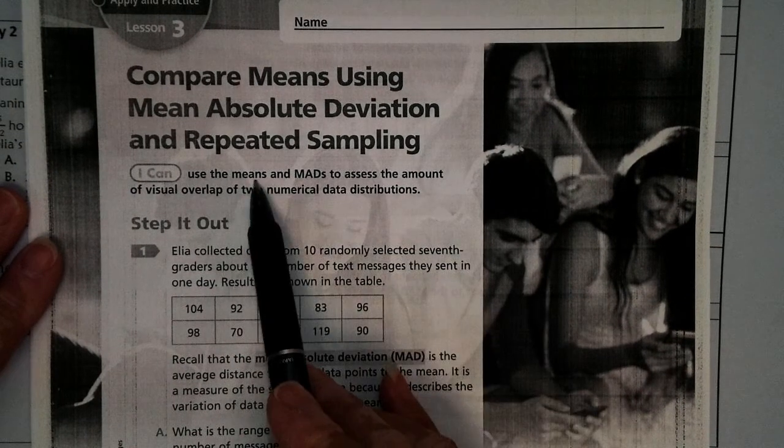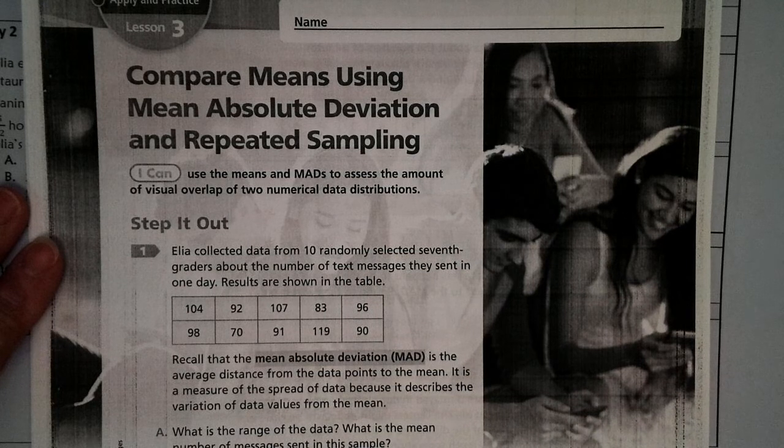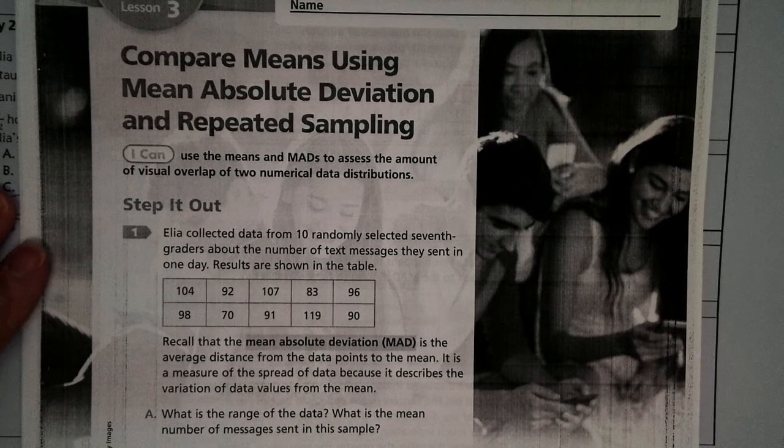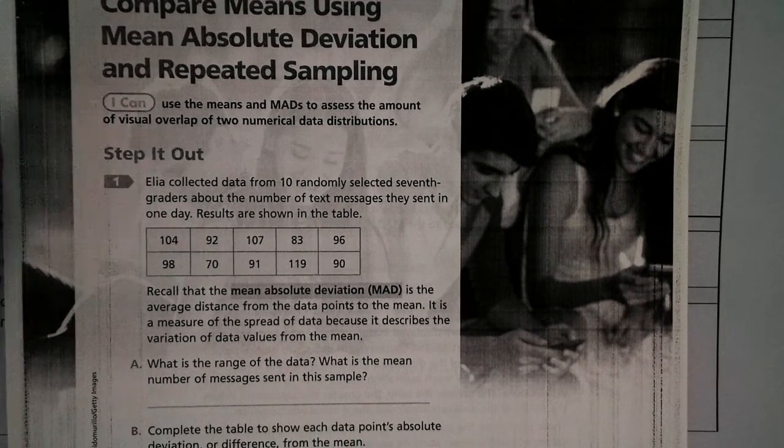We're going to use the means and the MADs to assess the amount of visual overlap of two numerical data sets. You're going to need a sheet of paper. If you are doing it in your book, you're going to need an additional sheet of paper because they don't give you enough room to do some of the things that we need to do today.